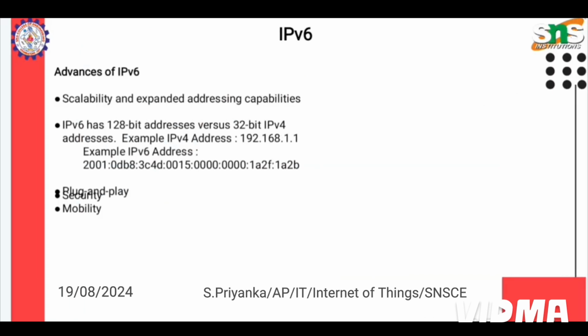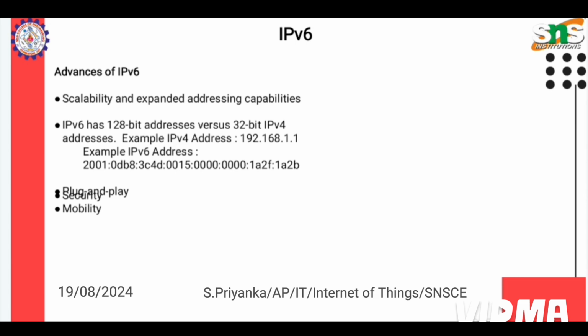Next, coming to the advantages of IPv6. IPv6 offers scalability and expanded addressing capabilities. IPv6 has 128-bit addresses, whereas IPv4 has 32-bit. Let's see an example for an IPv4 address. The IPv4 address mainly consists of 192.168.1.1.